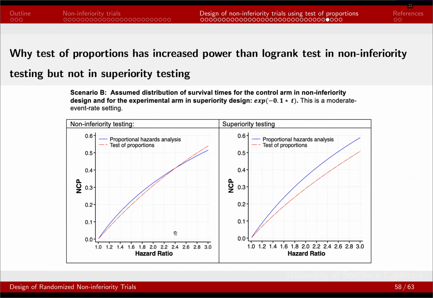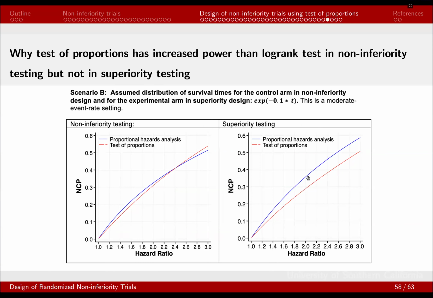So that explains why the benefit of using test of proportions only exists for large hazard ratio margins if the event rates are large, for moderate or large event rate settings. For superiority testing, the logrank test has better power than tested proportions. So there's no benefit using tested proportions in superiority testing at all.